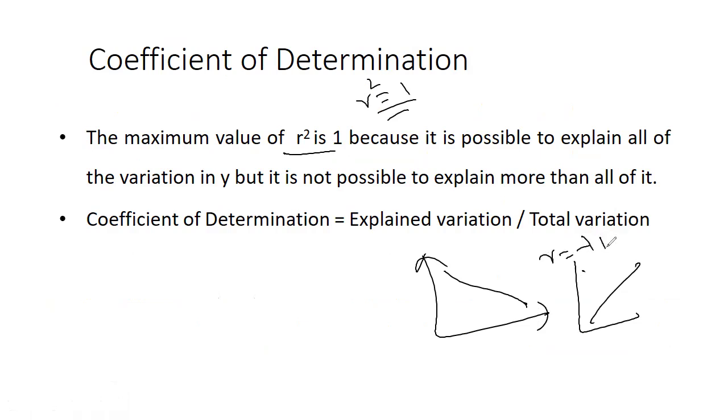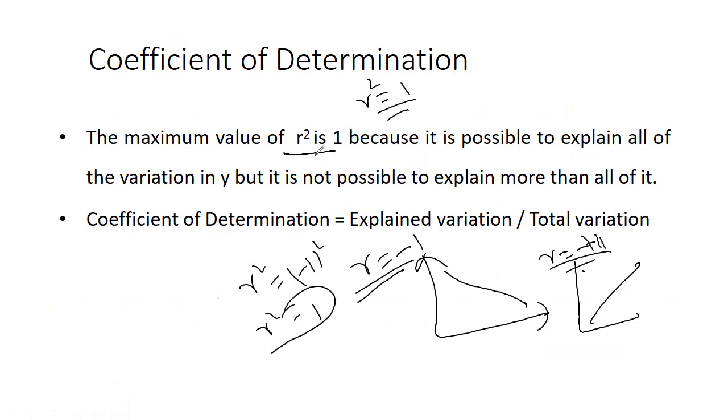If R is perfectly 1 or R is perfectly negative 1, then R square, minus 1 squared, means plus 1. So it is the maximum value, 1, and the R square value varies from 0 to plus 1. It will not be negative, there is no negative.